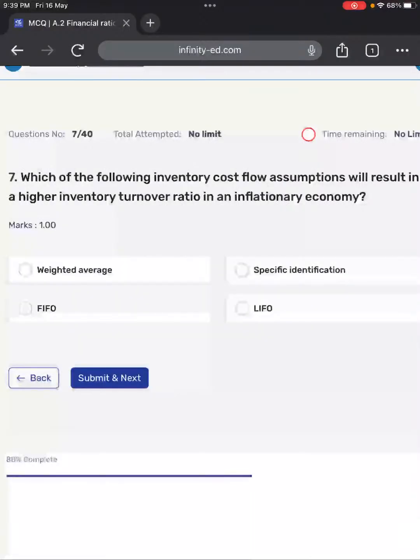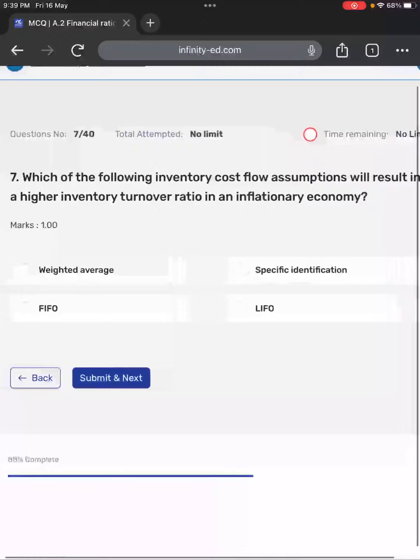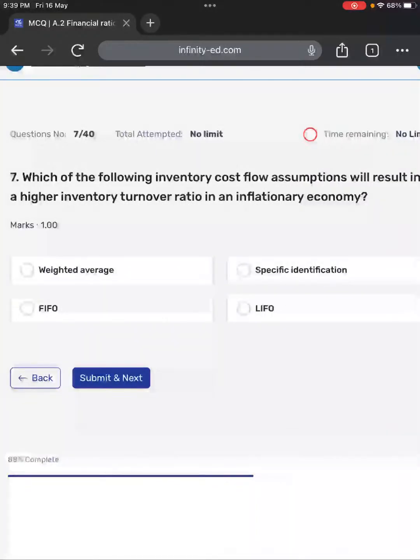And question number 7. Which of the following inventory cost flow assumptions will result in a higher inventory turnover ratio in an inflationary economy?